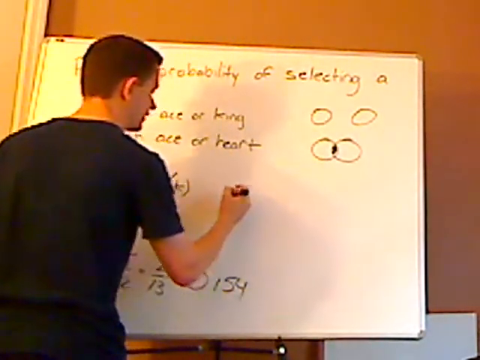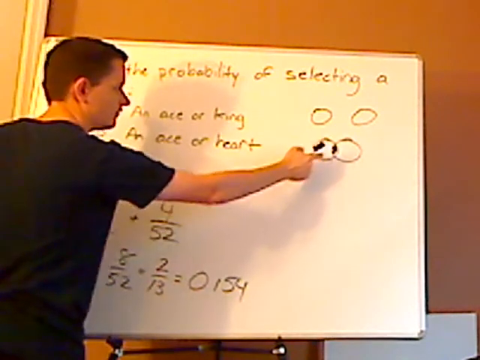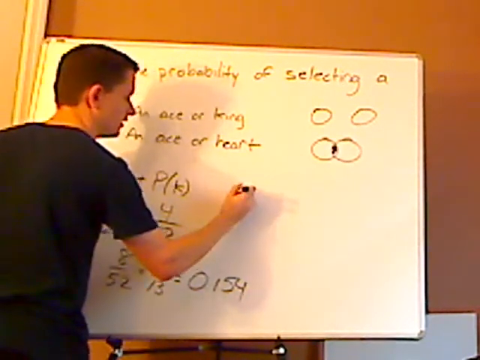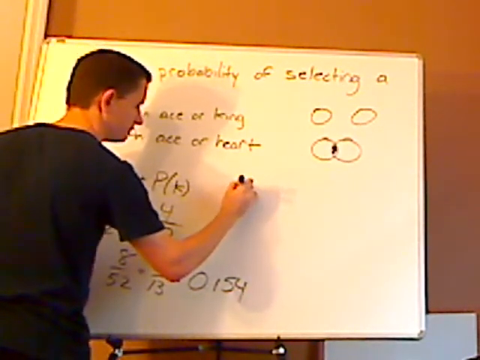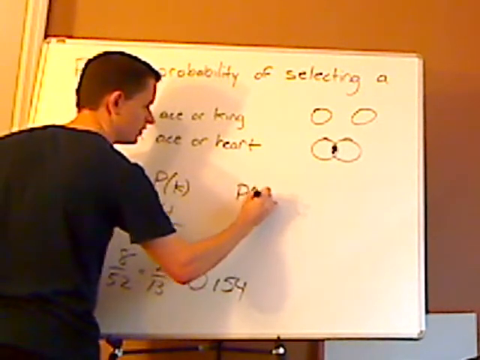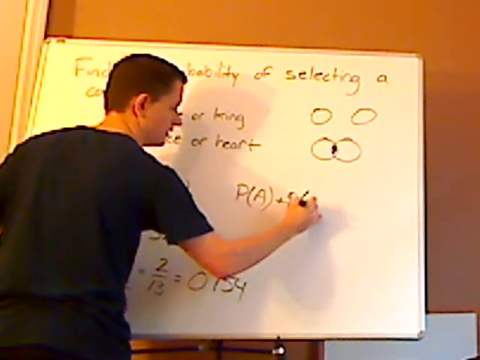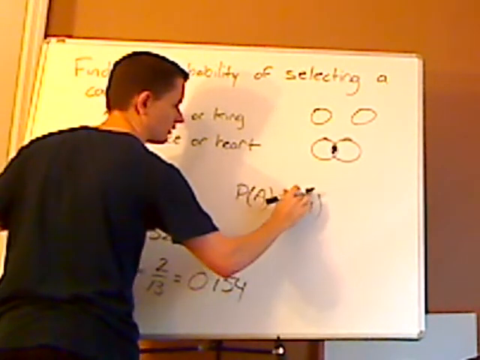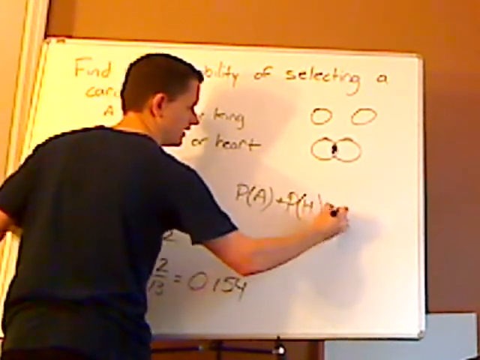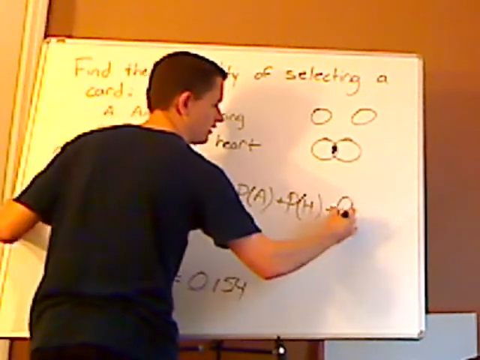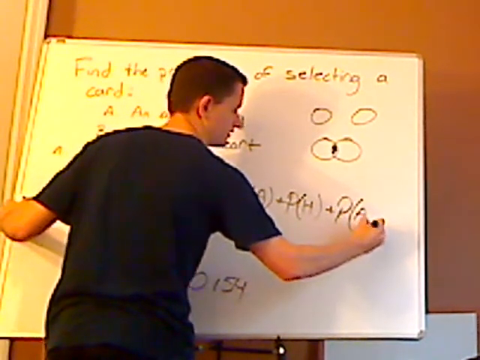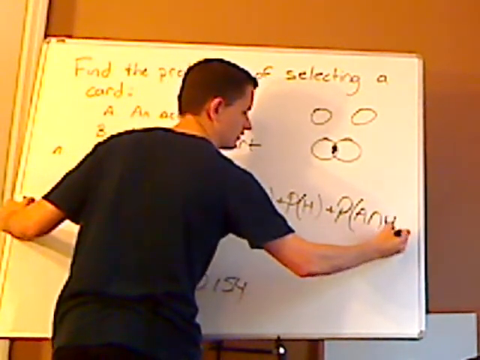So what you want to do here is subtract out the overlap. You have the probability of an ace plus the probability of a heart, minus the probability of both an ace and a heart.